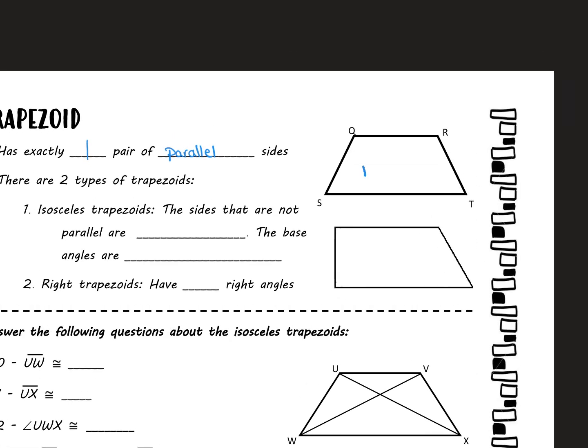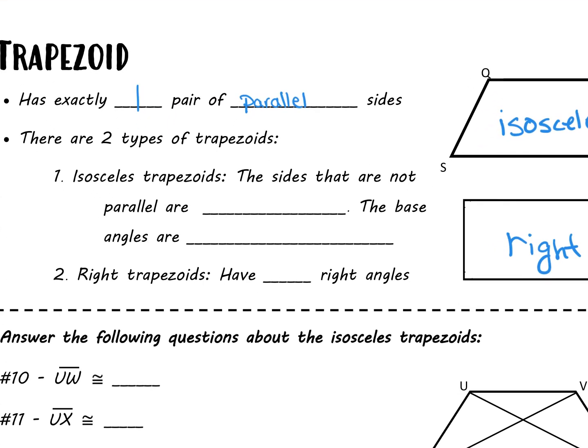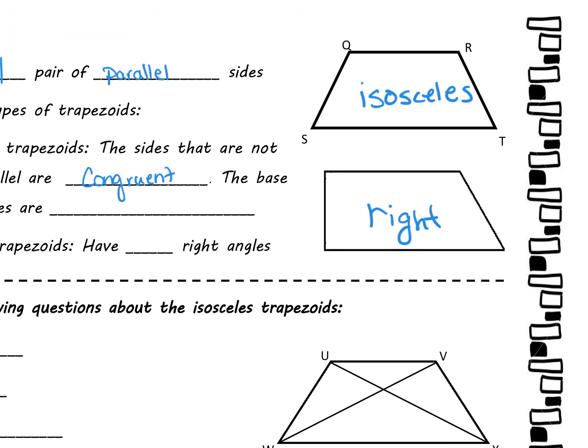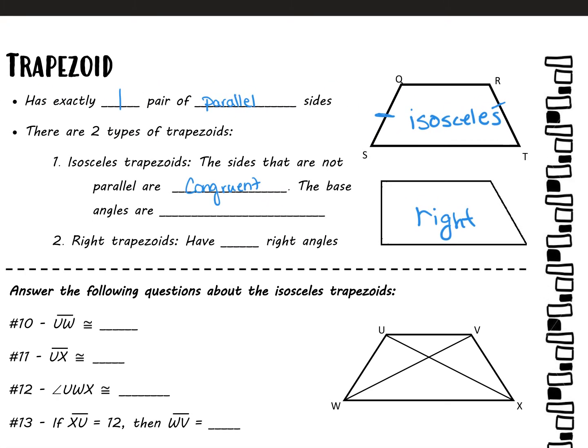We're going to be talking about an isosceles, which is going to be the first one, and a right, which is going to be the second one. All right, an isosceles trapezoid, the sides that are not parallel are congruent. Let's go ahead and label that on the picture. So that's saying these 2 slanted sides, those are going to be congruent. And the base angles are also going to be congruent.